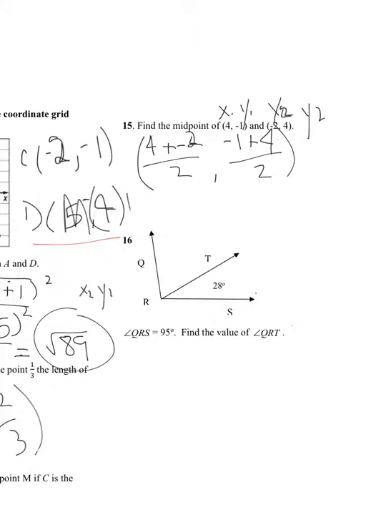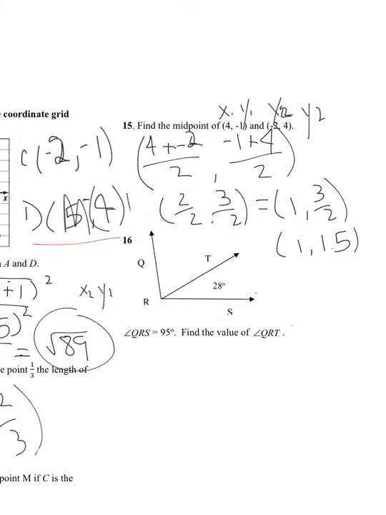So 4 plus -2 is +2. -1 plus 4 is +3. So 2 over 2 is of course 1. 3 over 2, you can leave it like that, or you can do 1.5. Either way, I will accept as the answer, as long as it's accurate and correct.